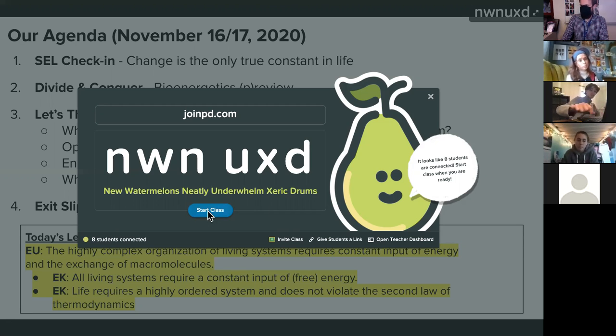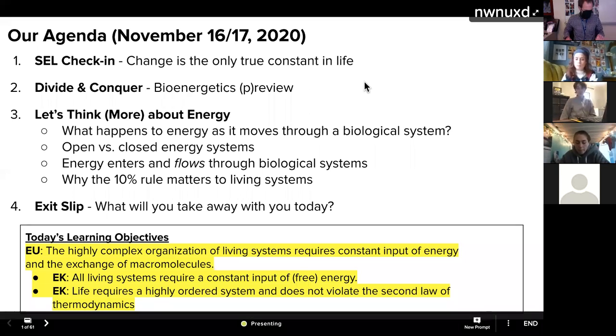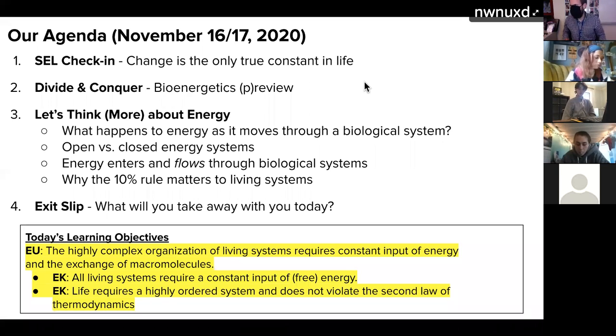We'll start like we usually do with a quick check-in. When I created this one, I thought of once again all the change that we're experiencing in life, that it might be useful to take a moment to reflect on what's just been happening over the last few days to all of us. But really today is going to be about moving on from where we were and beginning to explore something new. We've been doing some work around feeding relationships and ecological relationships within a living system.